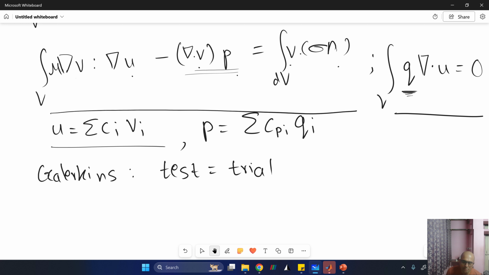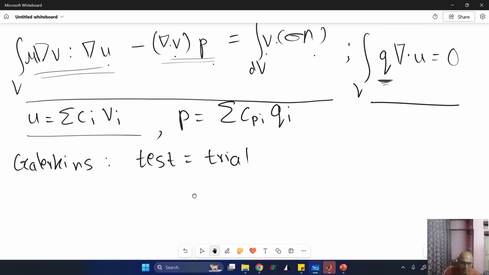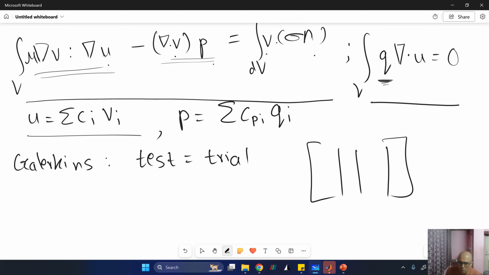Okay, so this is your finite element formulation, and as you can see, once we discretize this u as a sum of these trial functions, this term will really be symmetric. Which means that once we expand this into a matrix, you will just get these trial functions as your columns, and your test functions will be your rows.